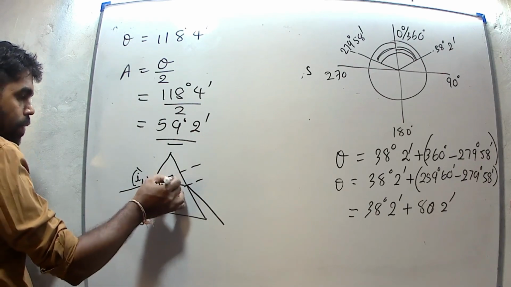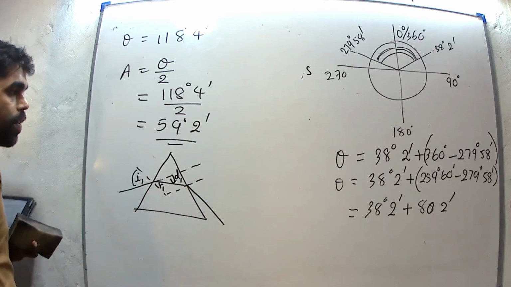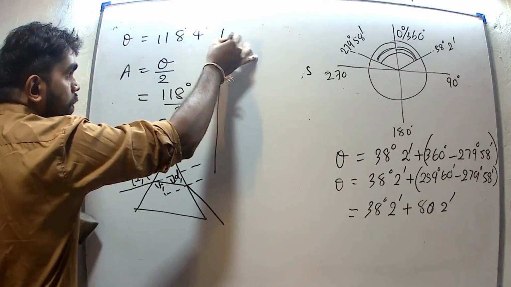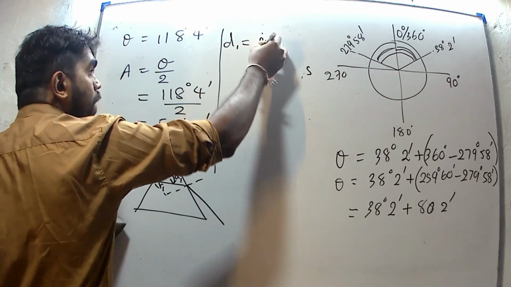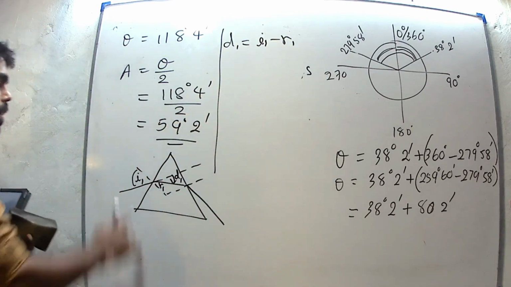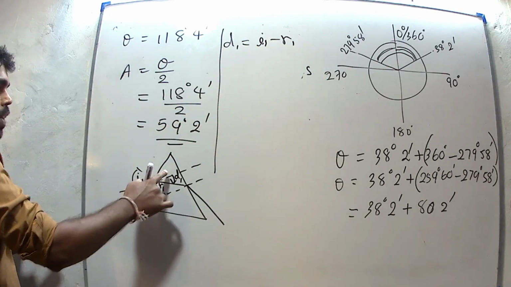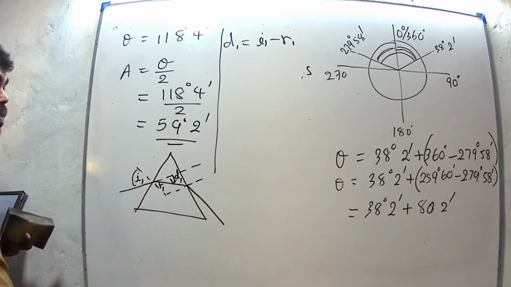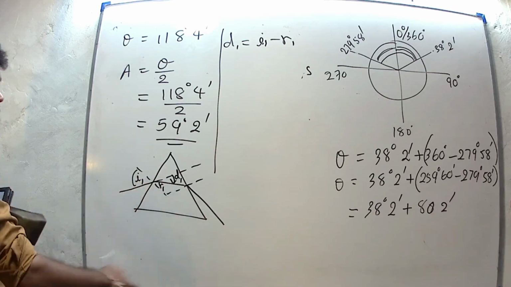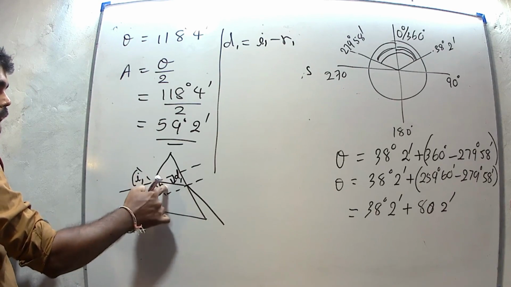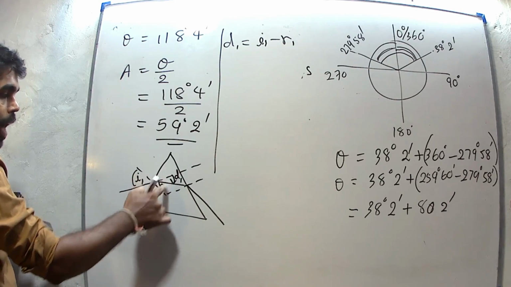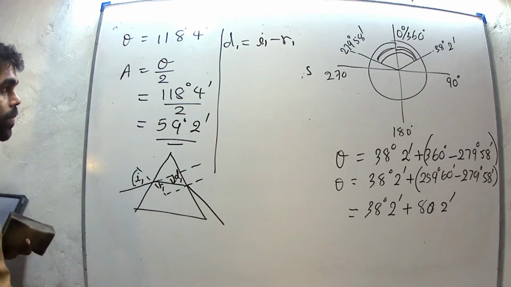Then the deviation for the first surface is D1. We can write the deviation for the first surface as I1 minus R1. This angle I1 equals this full angle because of vertically opposite angles. This part is R1, then we can subtract R1 from this full angle I1 to get D1.